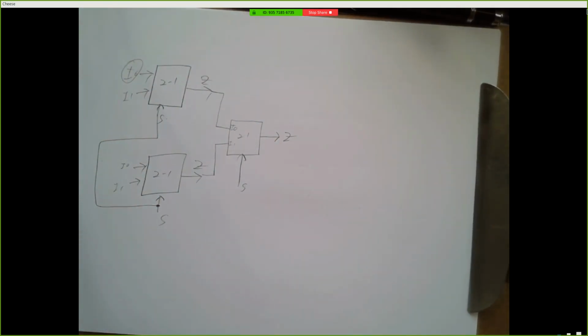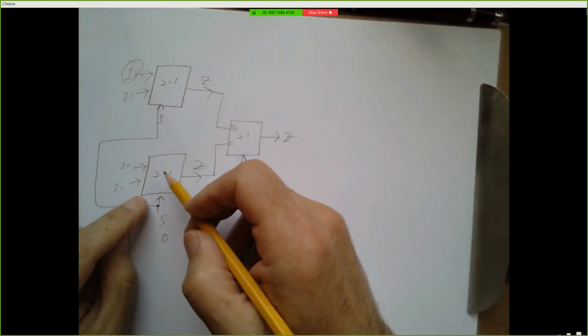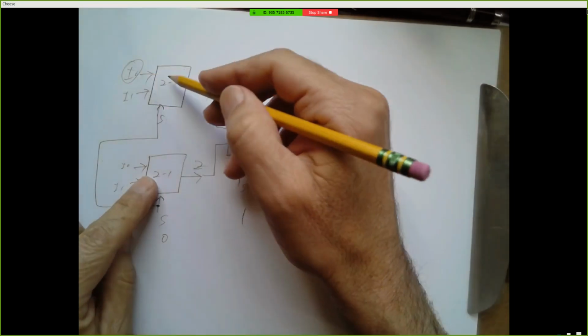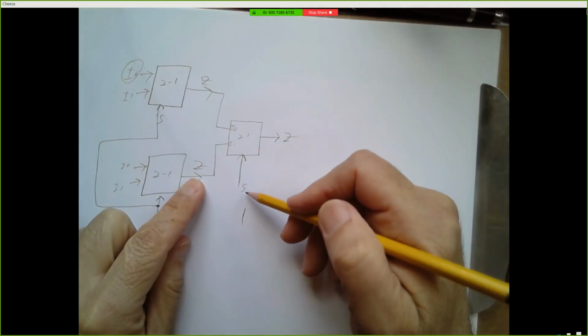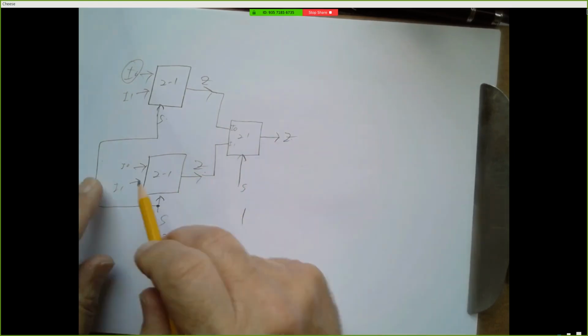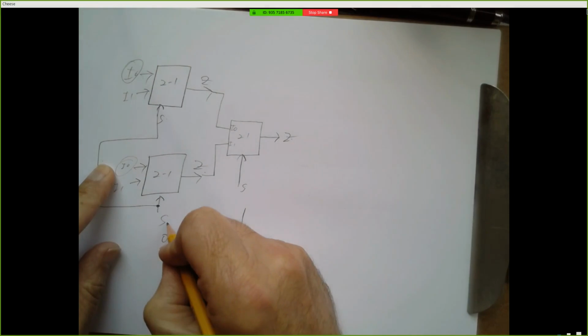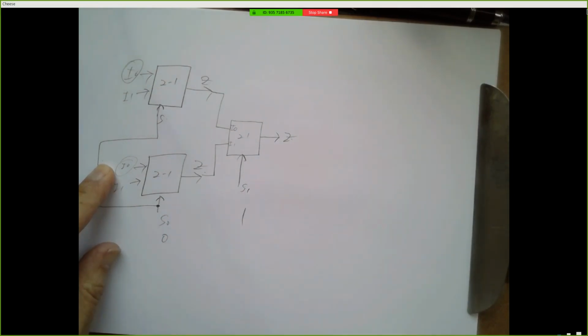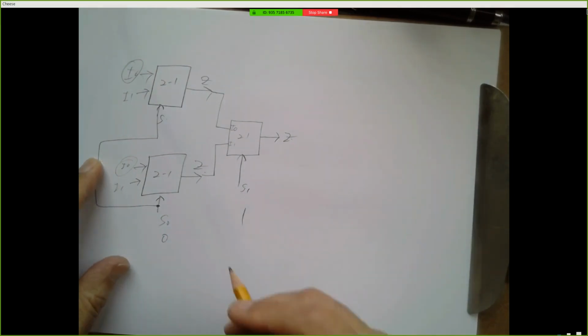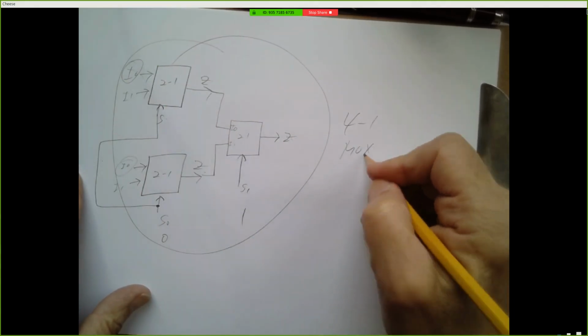If I make my input 0, 1, well, again, the 0 causes I0 to come into both of these and come out here. The 1 here is going to pick this lower value to be selected, and my output's going to be equal to this. So if I call this S0 and S1, and you do this for all combinations, you'll find out this is just a 4 to 1 multiplexer.